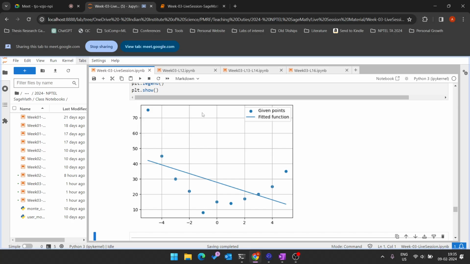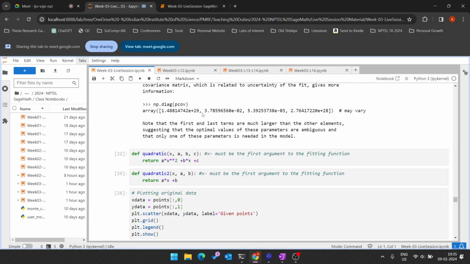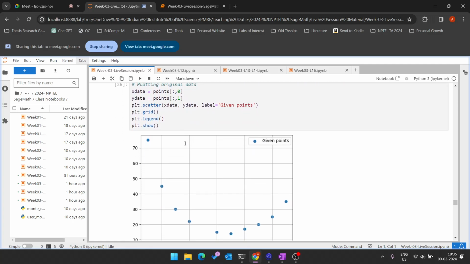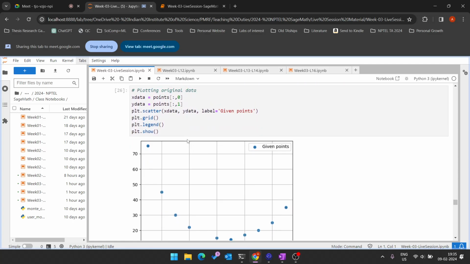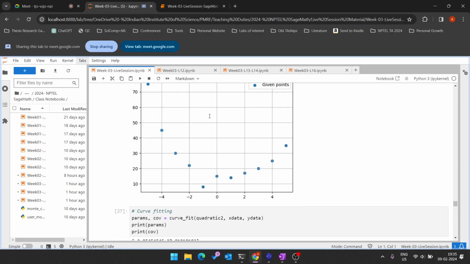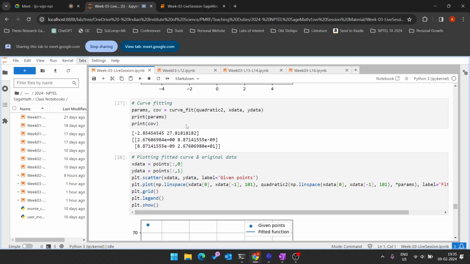Okay, to those in English, I'll repeat the last part. Suppose we are adamant that we want a linear fit to this given data. While we can see from the scatter plot that it doesn't seem to be a good idea, we proceed with it anyway with a function of the form ax plus b.